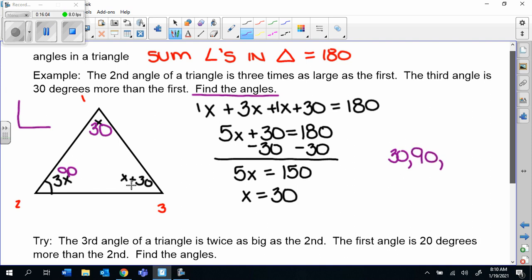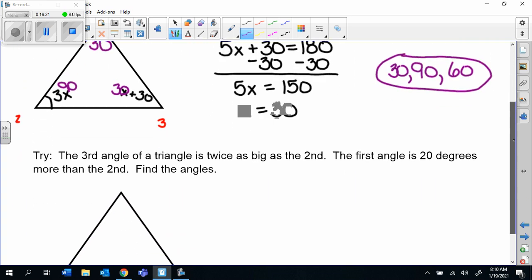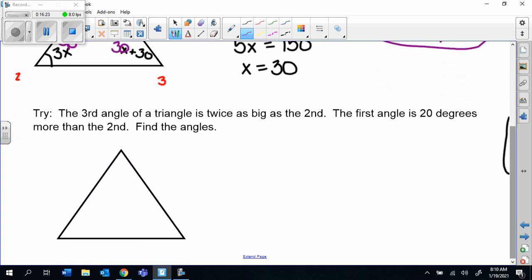And then x plus 30, 30 plus 30 is 60. And you can write that in numerical 30, 60, 90. If you're a builder of any type, that's actually a pretty common type of special triangle. And so my picture was not to scale.